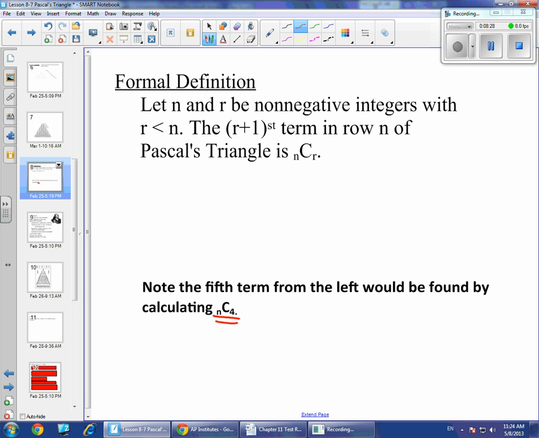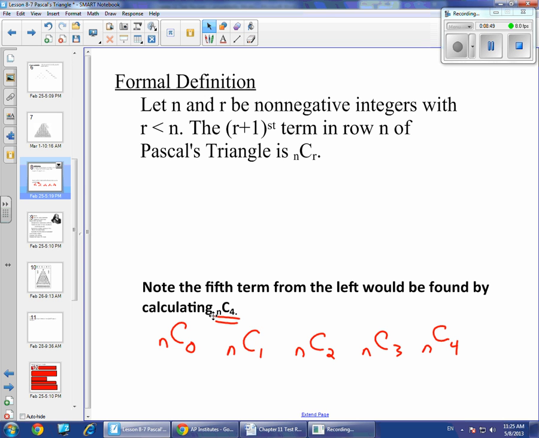You're going to have to go nC4, because every row starts off with nC0. The second term would be nC1, the third term would be nC2, nC3, and then nC4 would be the 5th term in the row.